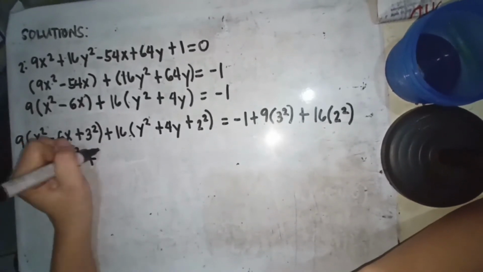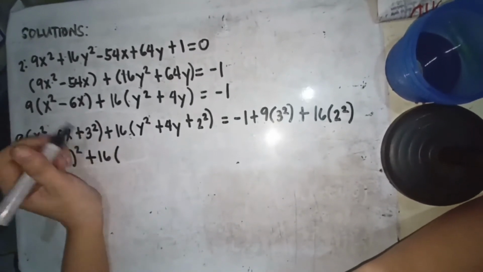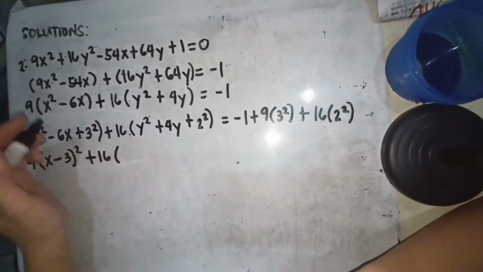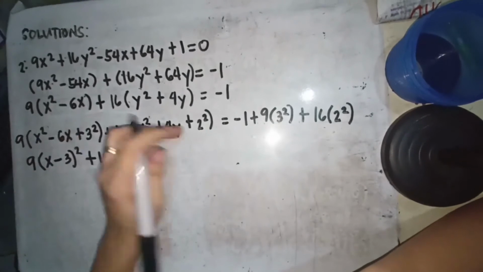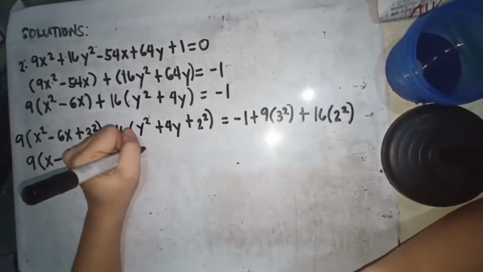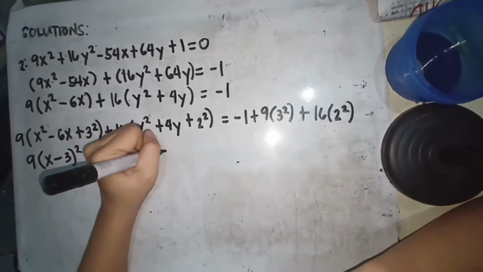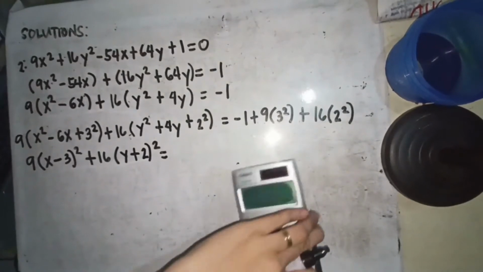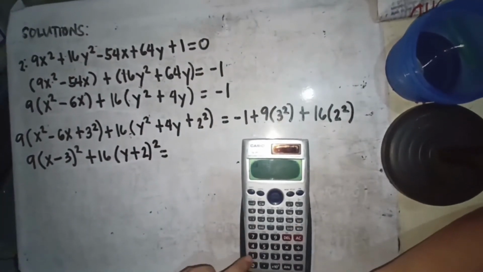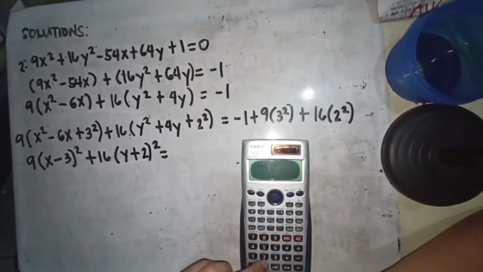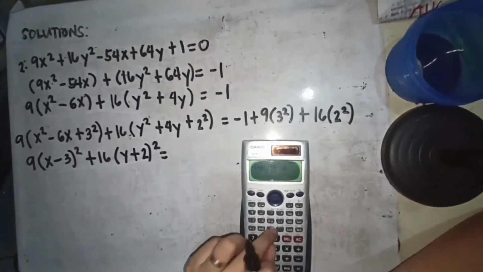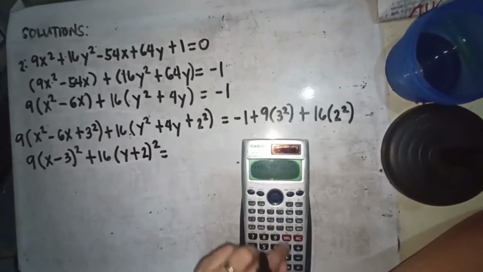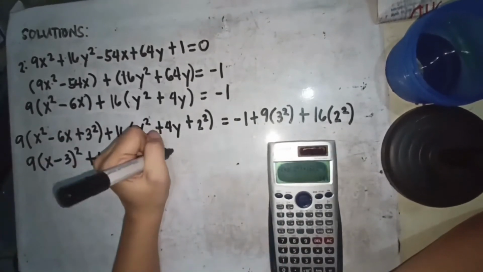Plus 16 times root of y squared, we have y. Operation, we have plus. And then root of 2 squared, we have 2. This is equals to negative 1 plus 9 times 3 squared plus 16 times 2 squared. We have 144.